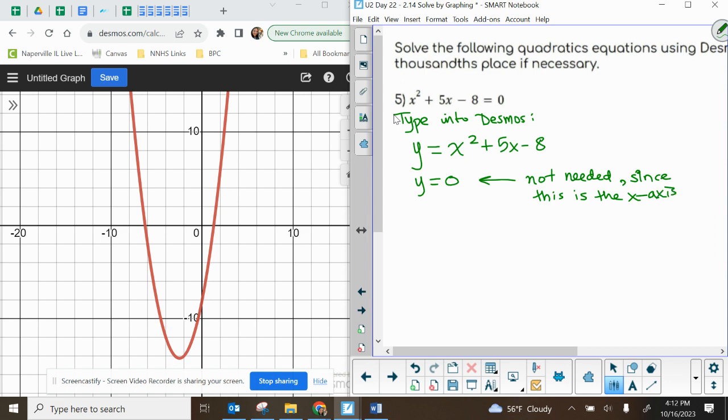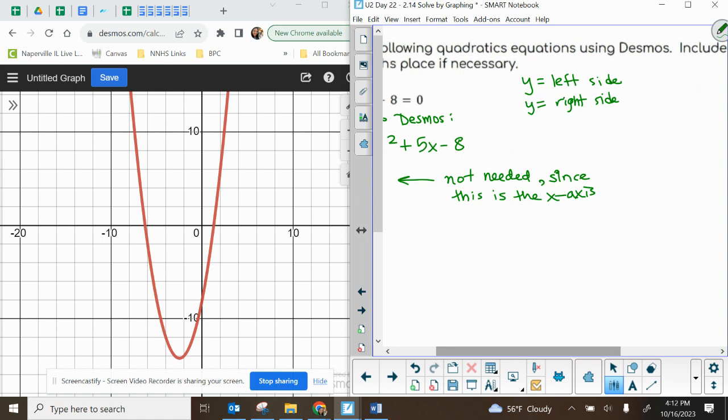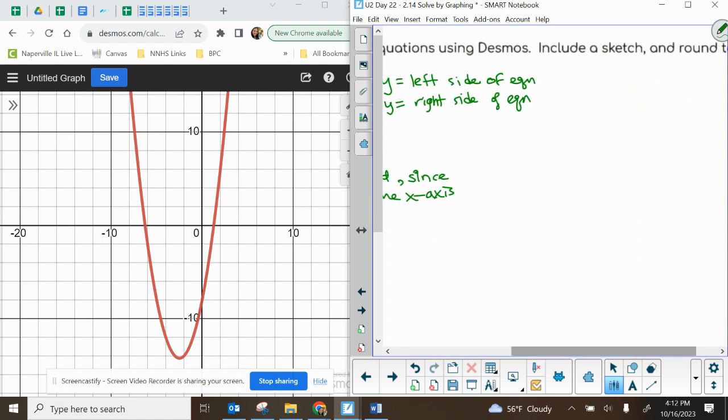But the idea is to say y equals the left side of the equation and y equals the right side. And then the x values of the intersection points would be your solutions.